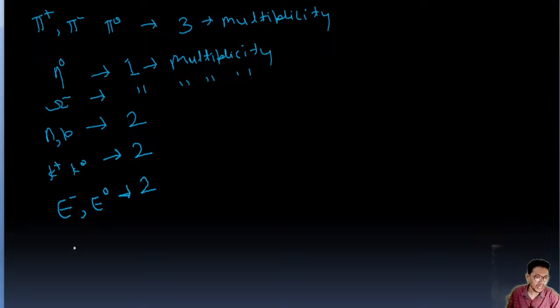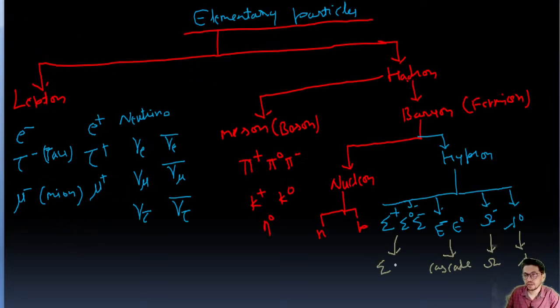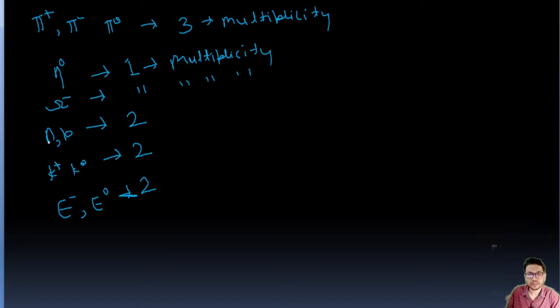Okay, and if you talk about sigma, there are three particles, right? Sigma plus, sigma minus, and sigma 0. So multiplicity is 3. Okay, these are the multiplicities of these particles.